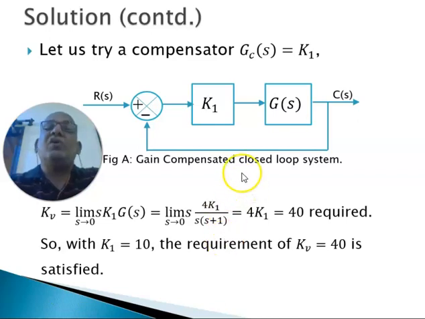And during the course of solving this problem, we'll call K1 multiplied by G(s) the gain compensated system. If you put a loop around it, we call it the gain compensated closed loop system.